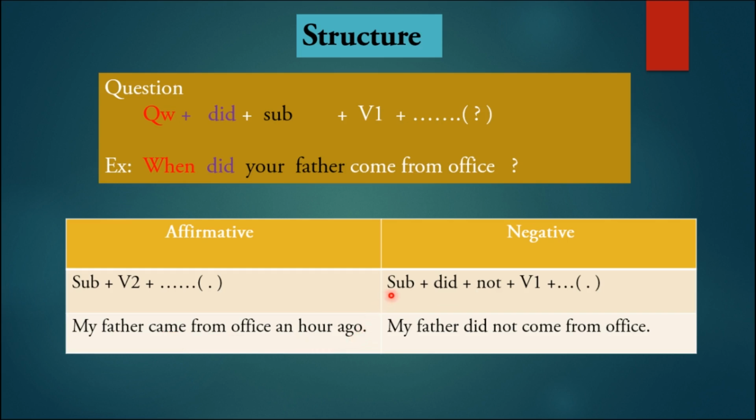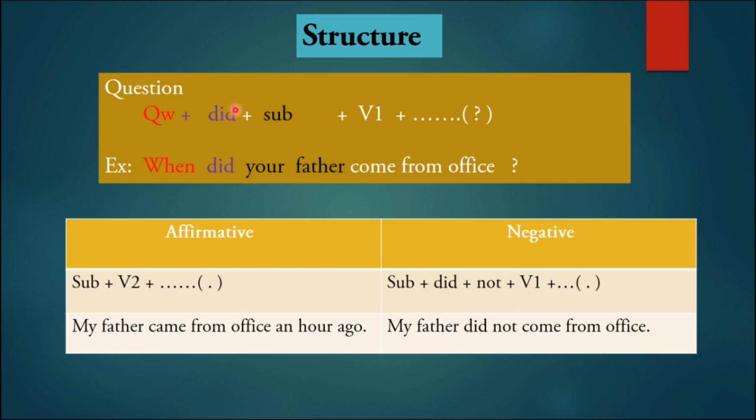Now, let us know the negative structure of simple past tense. Subject plus did plus not plus V1 plus dash dash dash full stop. Look here, when we use did in the sentence, we should not use V2 again.